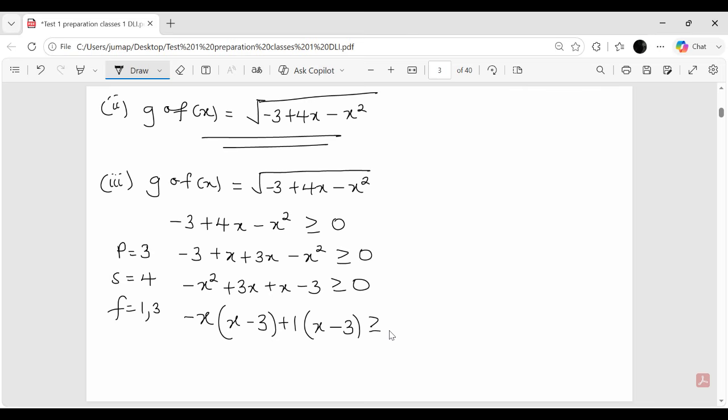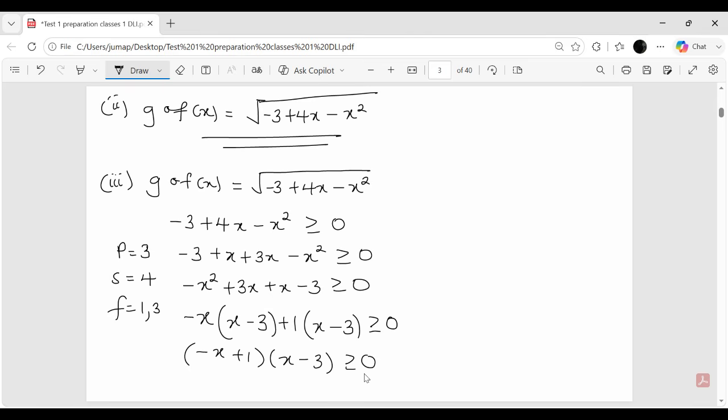Okay, is greater than or equal to 0. So here I'll get what is outside, which is negative x plus 1, and what is inside, I'll just get x minus 3, because they're the same.